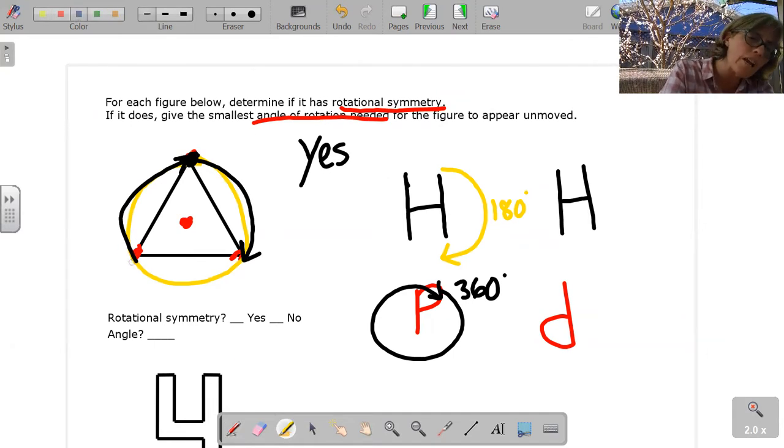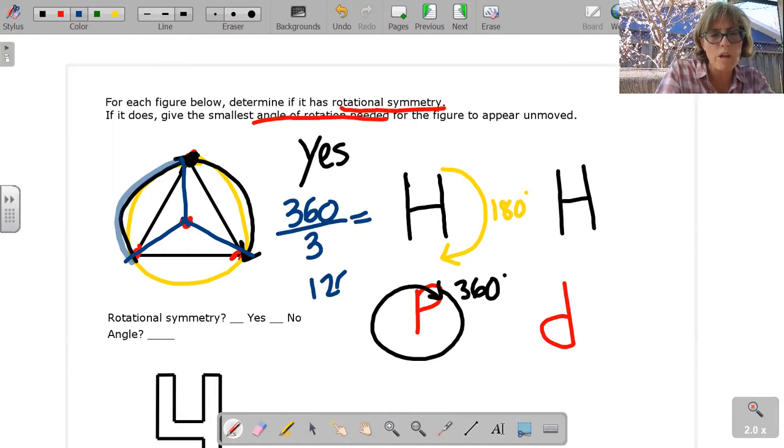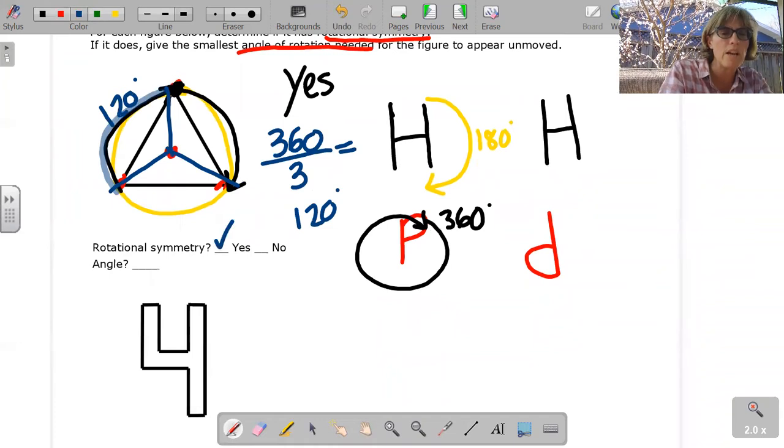What is the angle of rotation here? Think of it as a circle, and it's simply 360 divided by 3, which is 120 degrees. So I only need to rotate this equilateral triangle 120 degrees. So does it have it? Yes, 120.